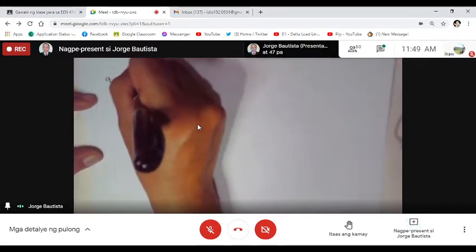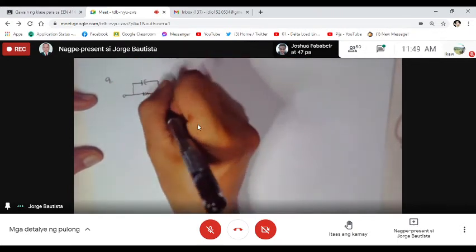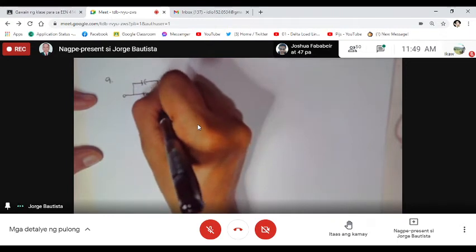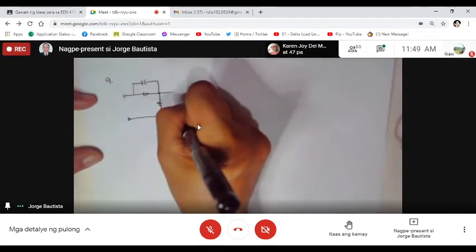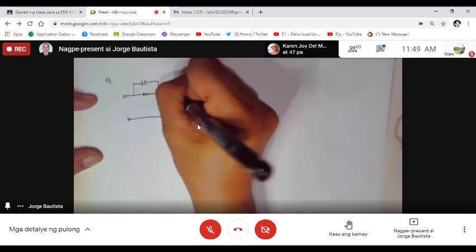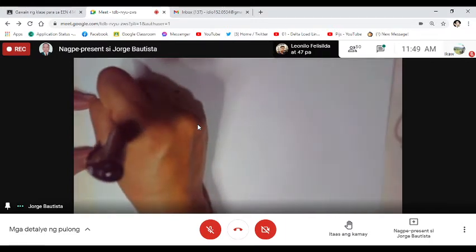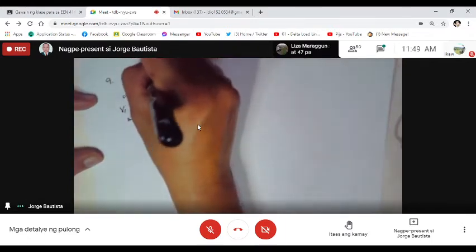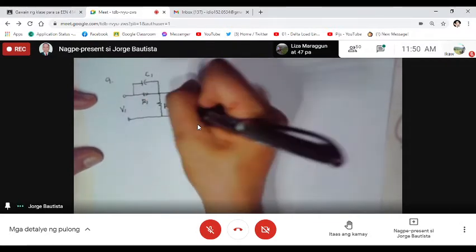Okay. Oops, nakaparallel pala yung capacitor. Then we have, dito na lang, no? Resistor. So, V2, V1, so you have C1, R1, R2.